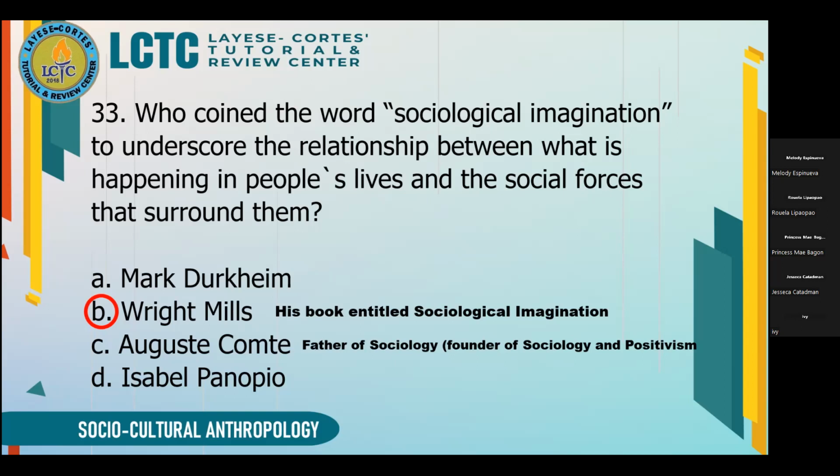Then Auguste Comte, he is the father of sociology. Another choice is a local person here in the Philippines teaching sociology somewhere in UP Diliman. So maybe that was added as one of the choices. Okay. So that's it. So 34.